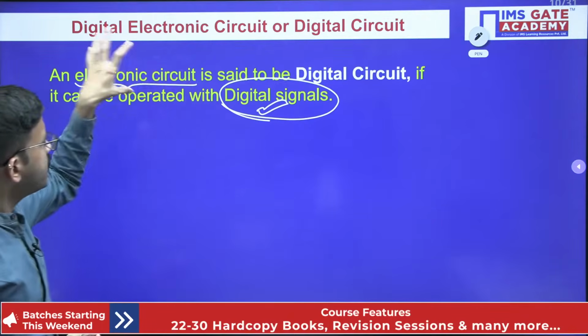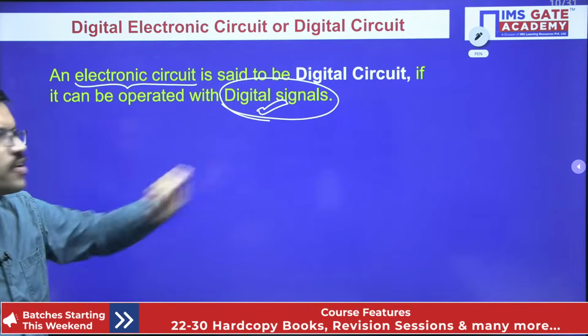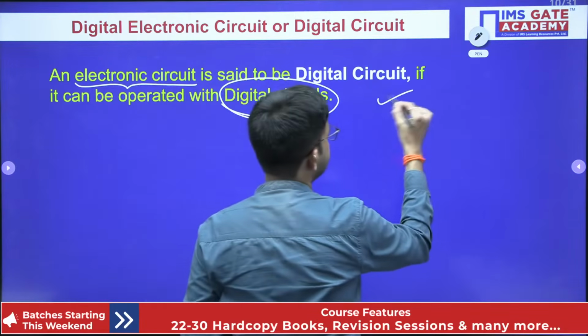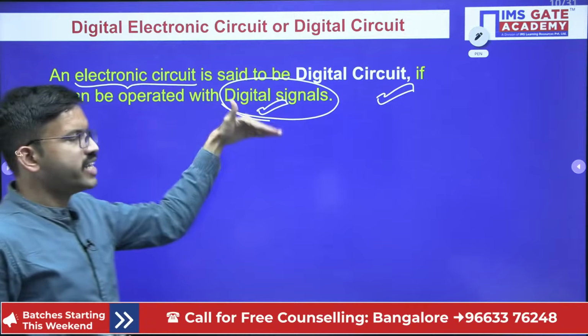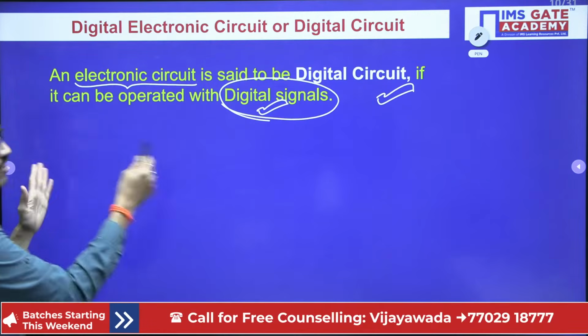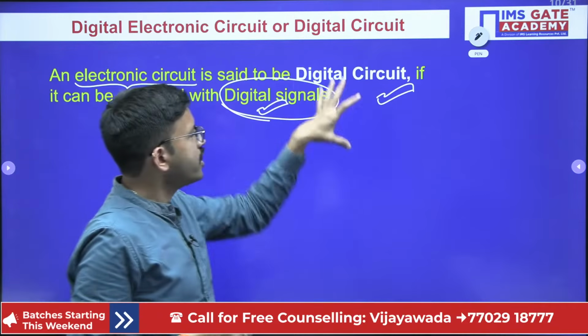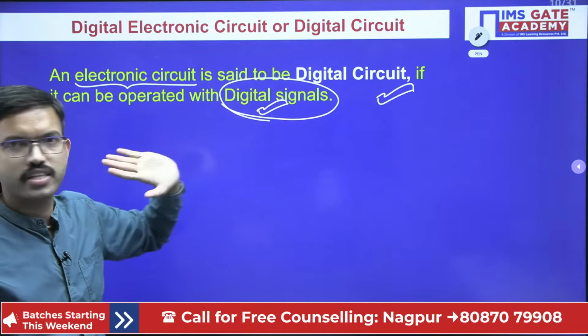If the electronic circuit is operated only with digital signals, we call it a digital circuit. Our main focus is only on those two levels. So here we will study various digital circuits which we can operate only at two levels, 0 or 5, like that. That's all.